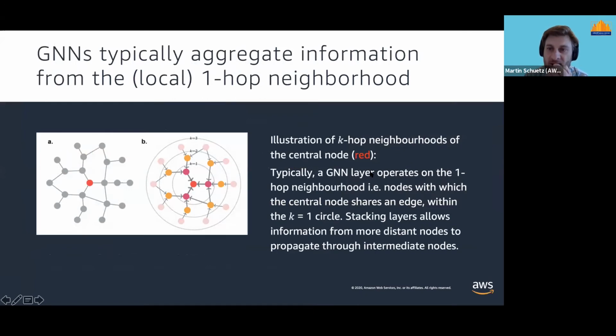Typically a graph neural network layer will first capture information from its direct neighbors within a one-hop ring. But if you repeat this step, in the next step you aggregate information from the yellow colored nodes, and so on and so forth. So by stacking layers, you can propagate information across the entire graph, and thereby have nodes talk to each other that are not directly linked.